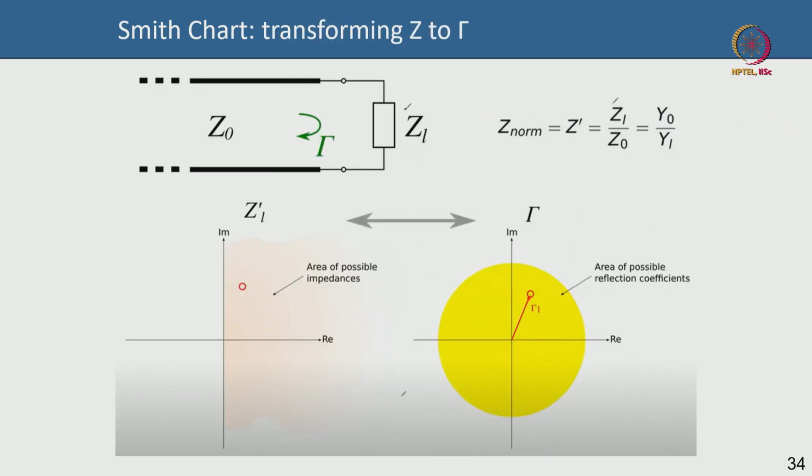So if you talk about a transmission line of length L, and then there is a load impedance ZL, the line has a characteristic impedance of Z0, and there is a reflection that is happening at the load of gamma. What I do is that all impedances that I will talk about will be normalized to the characteristic impedance of the line. Now typically the characteristic impedance is 50 ohm.